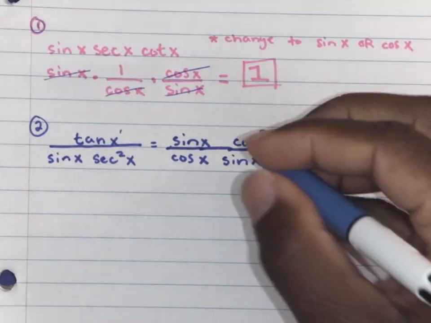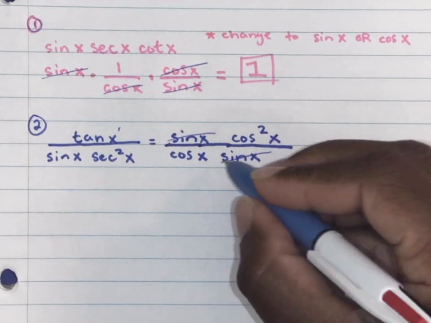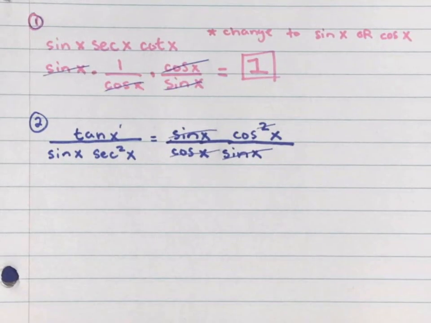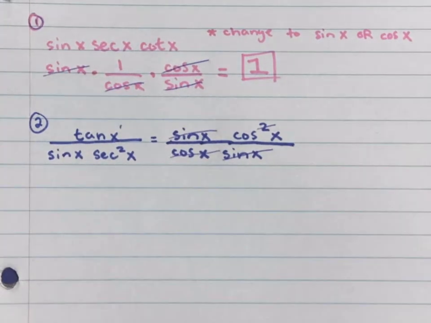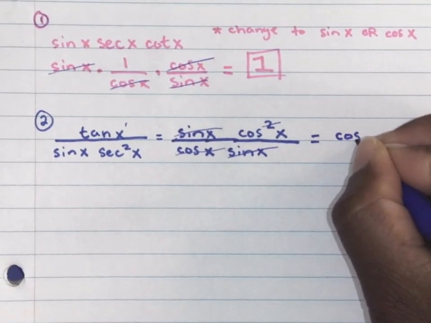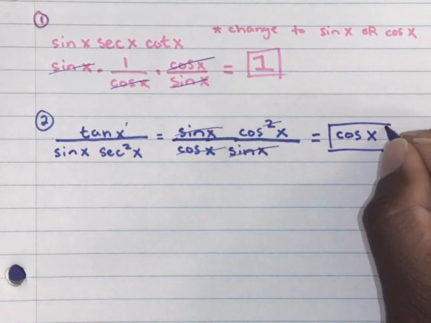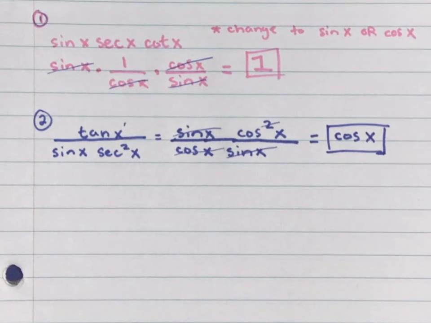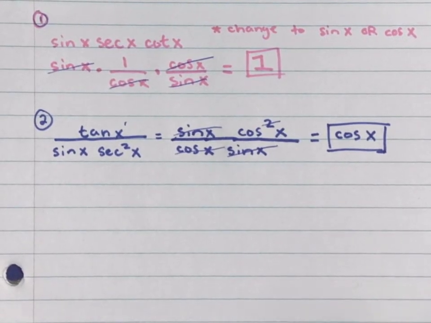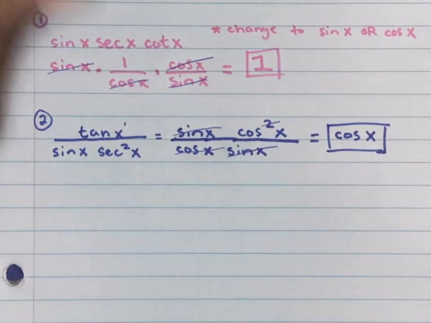And I see that I can cancel out a sine and a sine. And then I have 1 cosine here, so this cancels 1 of the 2 cosines I got on top. So what I'm left with now is just a cosine. And this is good because I've got it simplified to one expression. There's no fraction, and yeah, this is what I got, cosine x. On to number 3.